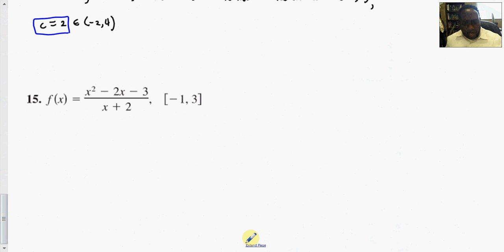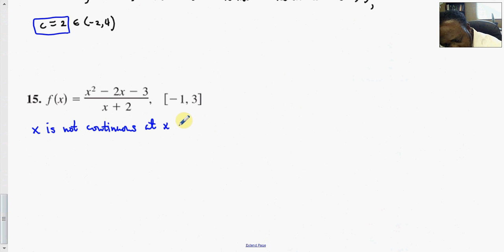Okay, next we look at this problem. Now, it's a fraction. It's a rational function. So notice here that F is not continuous at X equal to -2. But X equal to -2 is not on the interval that's given.